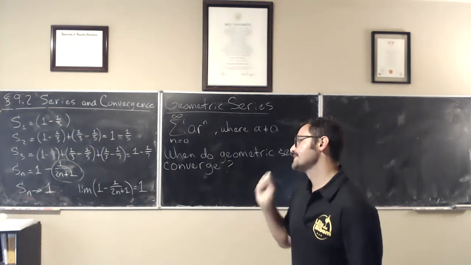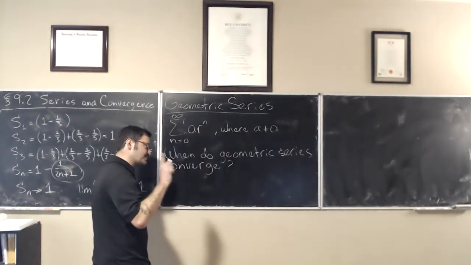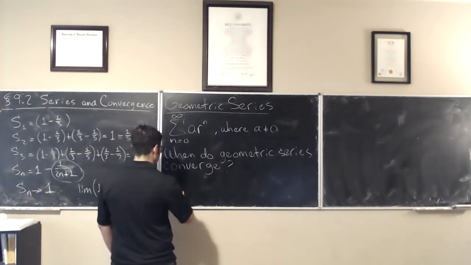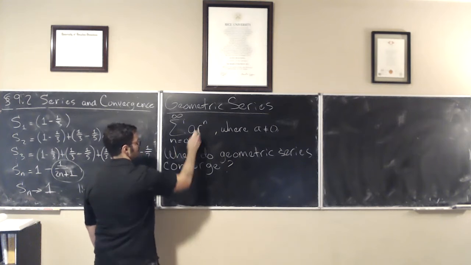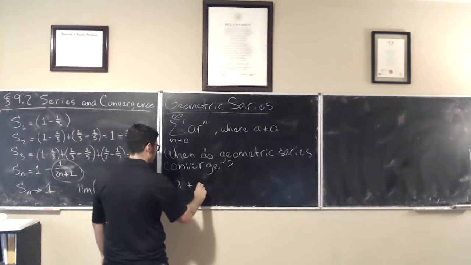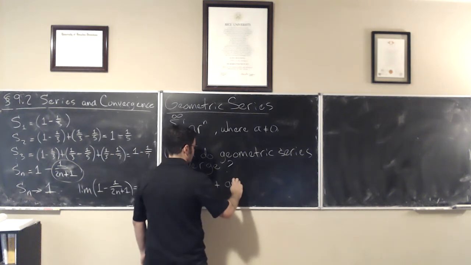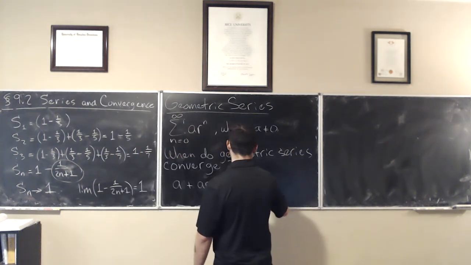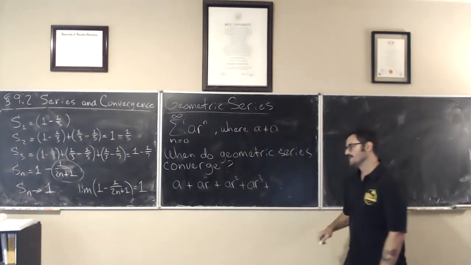I hate having to explain this one little bit. So this series looks like this. When n is equal to 0, that's just a 1, so it's just a, plus a times r, plus a times r squared, plus a times r cubed, plus dot dot dot up to infinity.